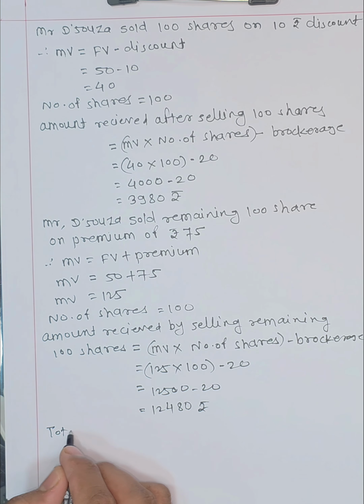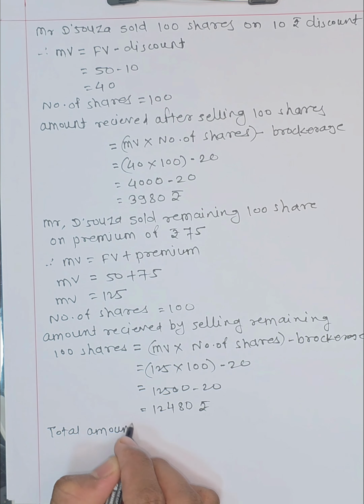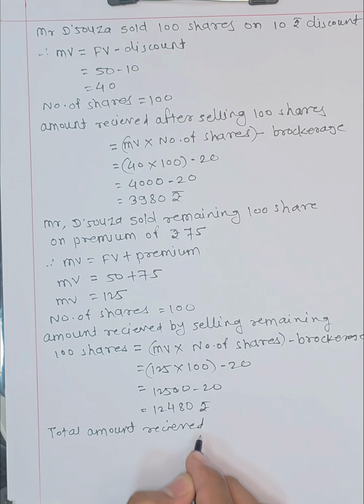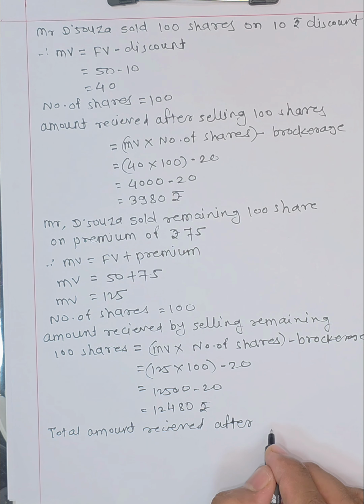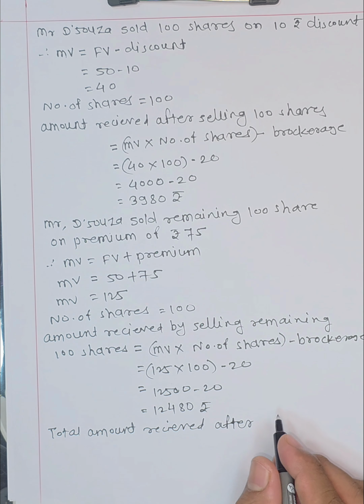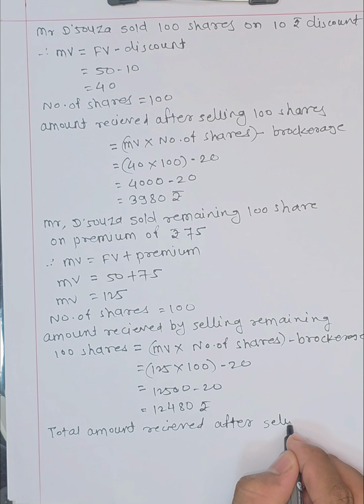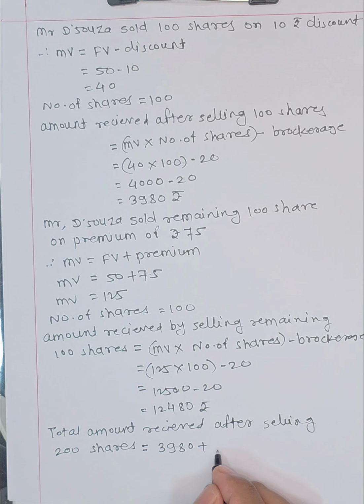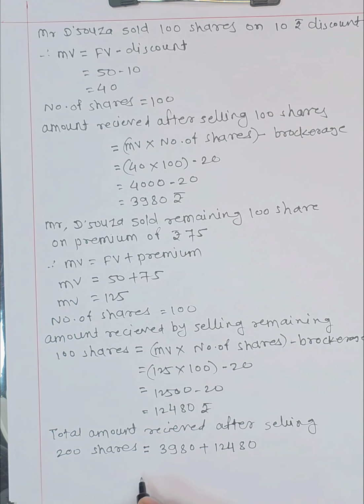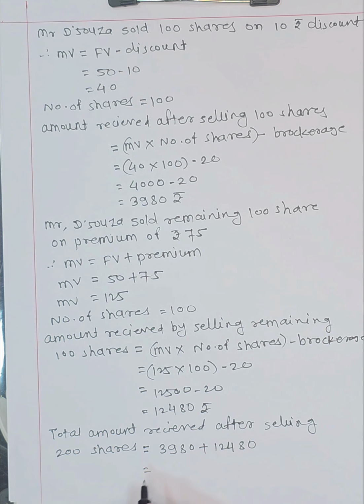Now total amount received after selling 200 shares is equal to 3,980 plus 12,480, equals 16,460 rupees.